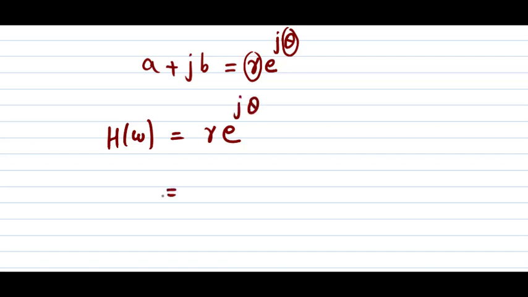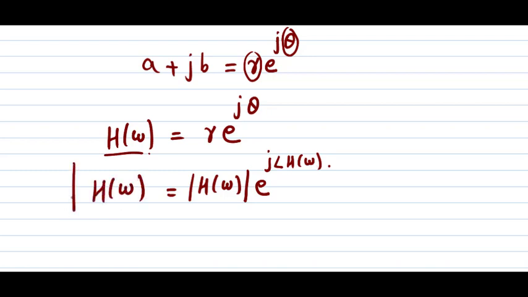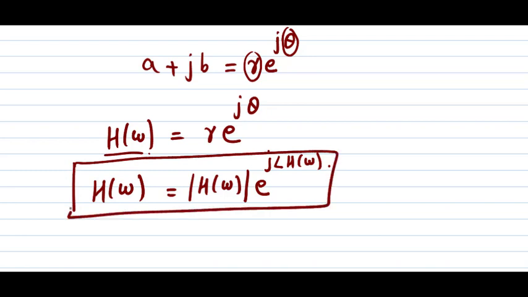Here r is the magnitude of H of omega, and e raised to the power j theta gives the phase of H of omega. This is the frequency response of a linear time invariant system.